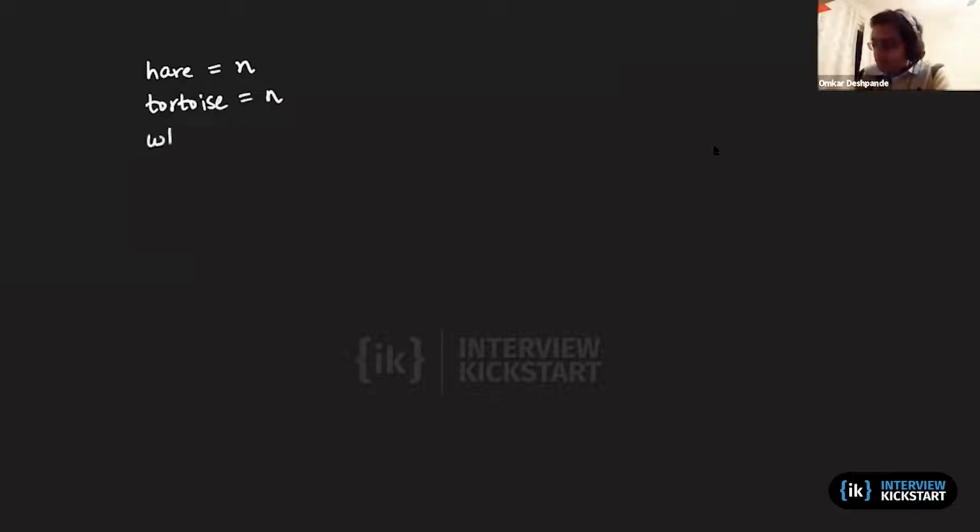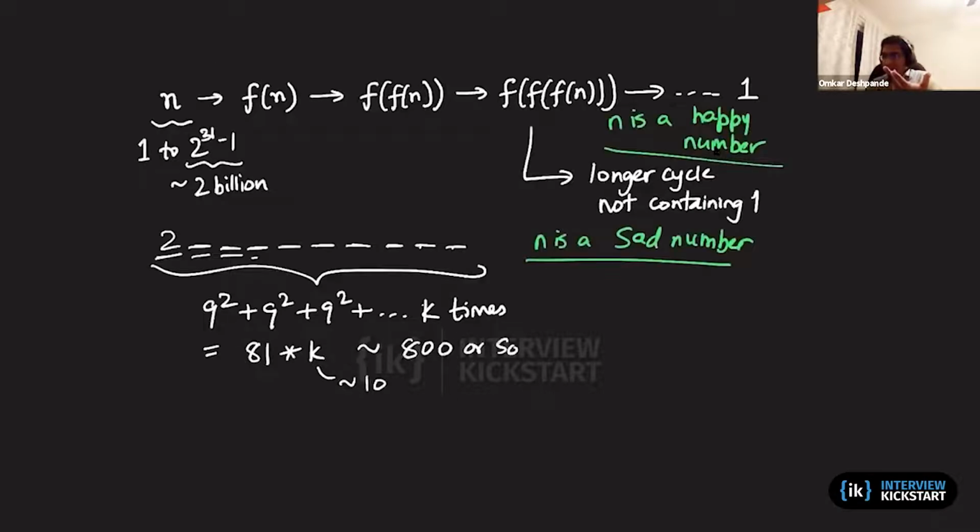Now our template told us that we have a while loop saying while the hare can jump forward 2 steps. In this particular example, is it ever possible that the hare can't jump forward 2 steps? In other words, whatever number the hare is at, is it ever possible that we can't apply f on it and then f again on it?